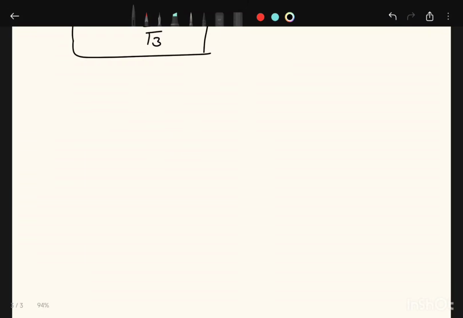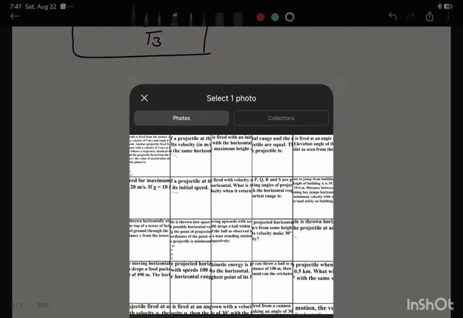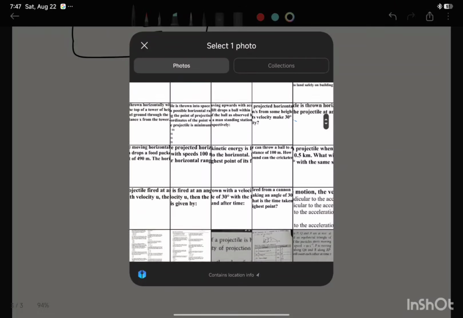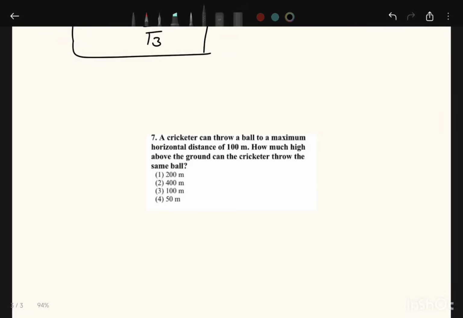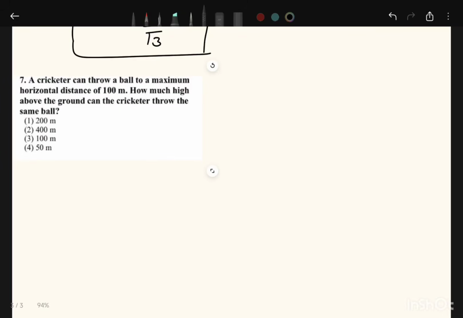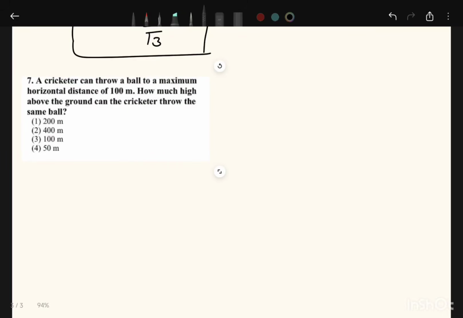Now let me take the next question, question number 7. The question says a cricketer can throw a ball to the maximum horizontal distance of 100 meter.